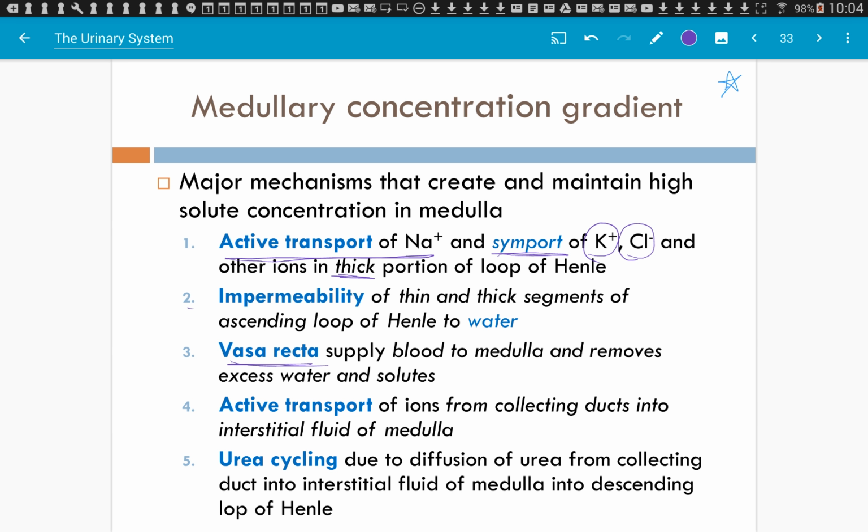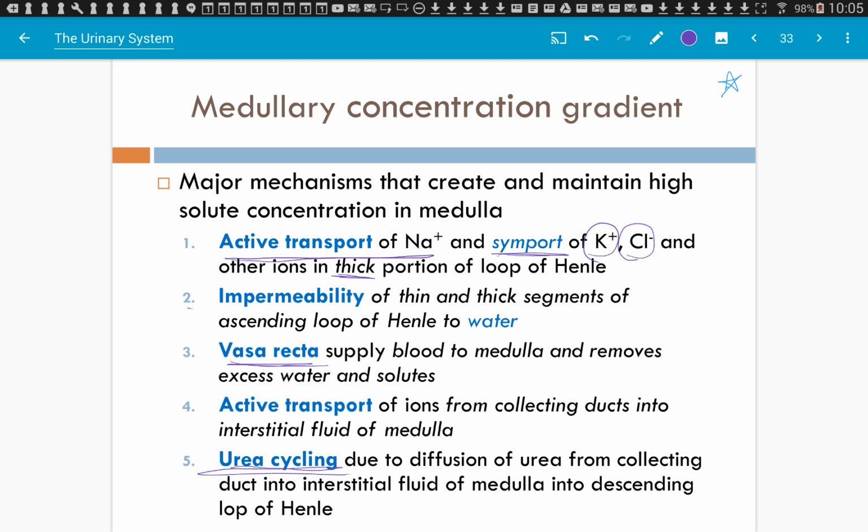Then you do also have active transport, and the biggest example we have talked about is sodium, but there are other ions that are actively transported from the collecting ducts back into the interstitial fluid, which helps build up the concentration of solutes in that fluid in the medulla, which helps build up that really nice concentration gradient. Then the last one, urea cycling.